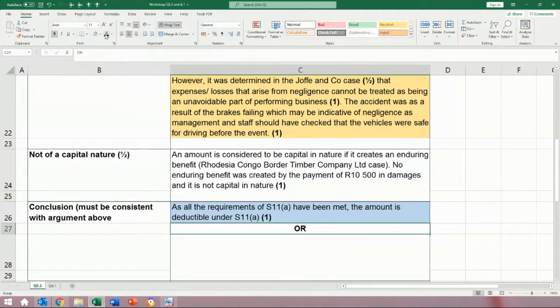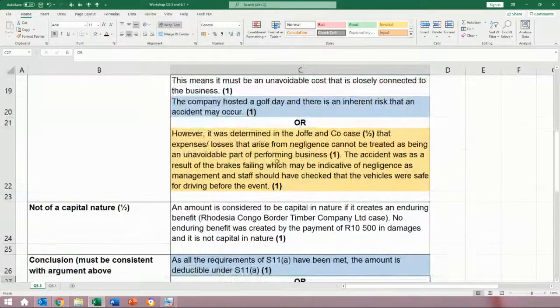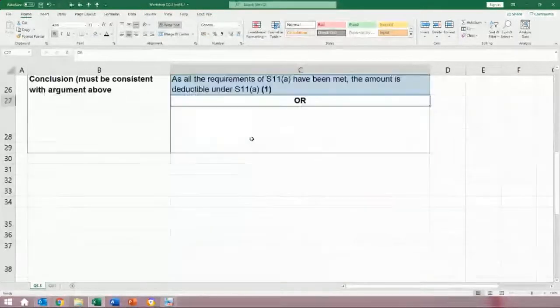However, if you felt no, but this was due to management's negligence that this accident occurred and the expense was paid, then you would say no, because it was part of the negligence, it is not seen as an unavoidable cost which is part of the business, so you would not be allowed to deduct it.